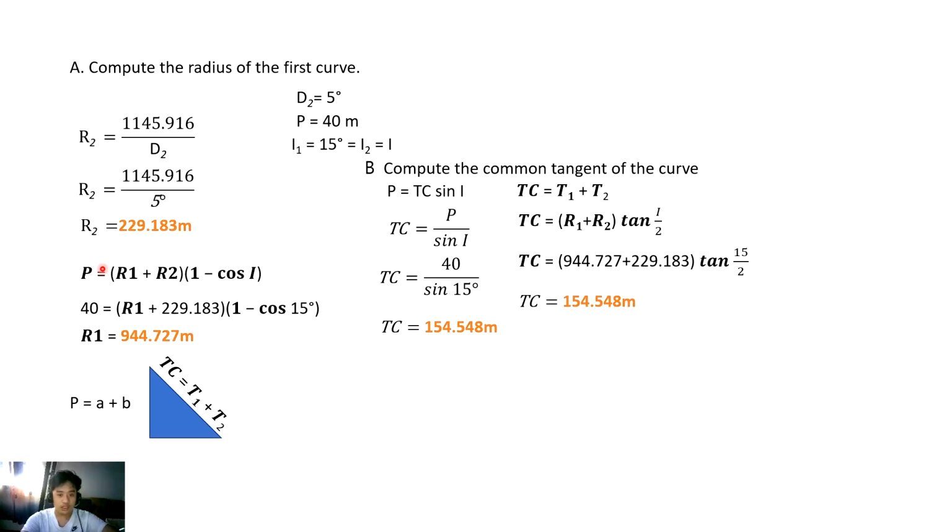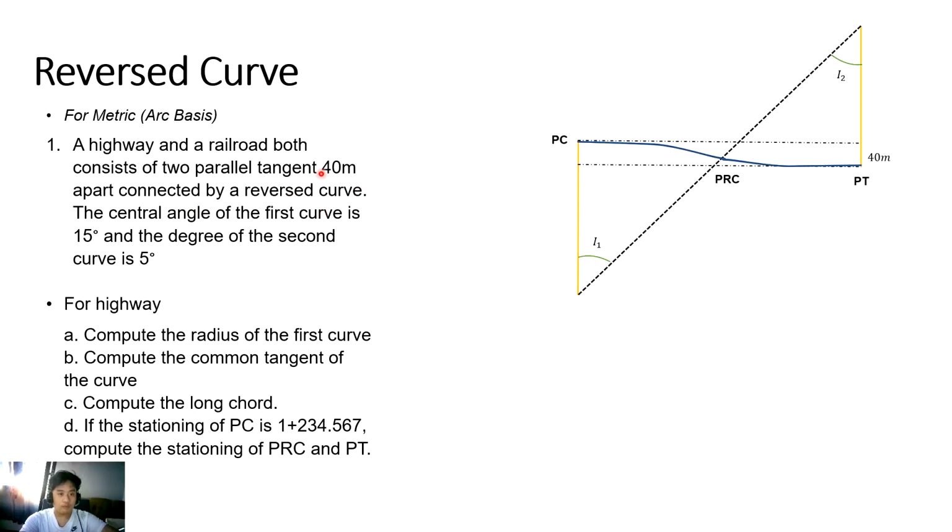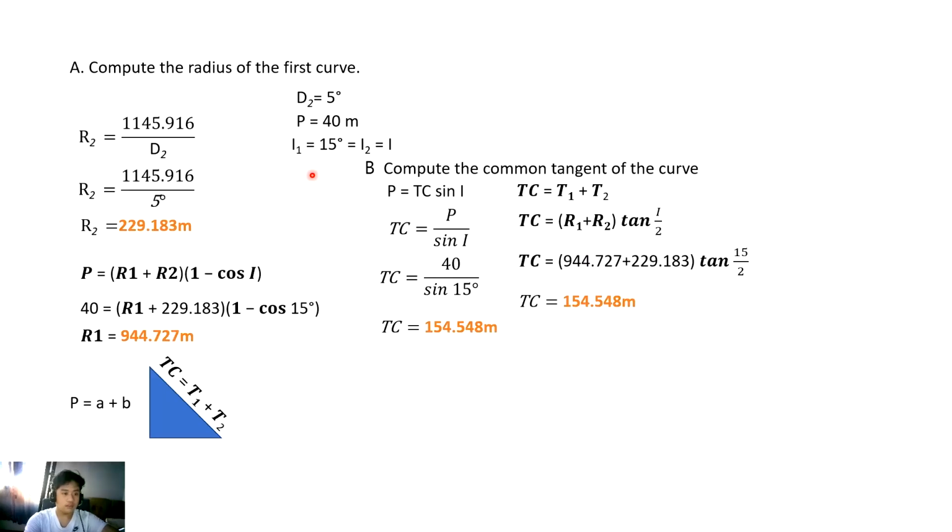Then, next, kukunin naman natin yung T, which is yung distance between parallel tangent. So, ang formula ay R1 plus R2 times 1 minus cosine I. So, since wala pa tayong R1 and alam naman natin ang T natin ay 40 meters, which is yung parallel tangent. So, substitute lang natin yung mga meron tayong given. So, T equals to 40, then wala pa tayong R1.